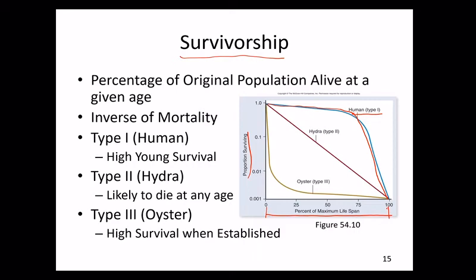The second type of curve, here represented by a hydra, there is an even probability of the hydra dying or surviving at any point during the life cycle. Simply put, think of a hydra. Okay, these are small invertebrates that are going to be prey for a lot of other animals, food that they're going to provide for that.